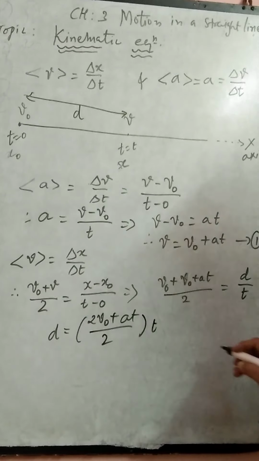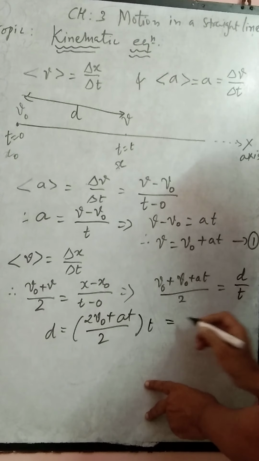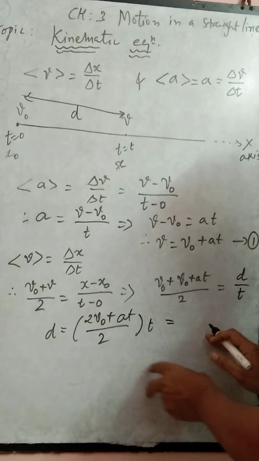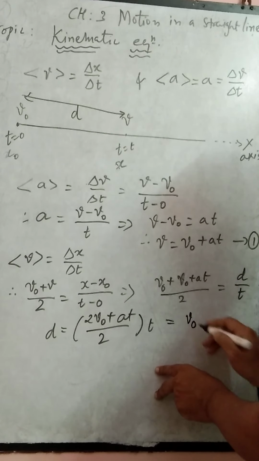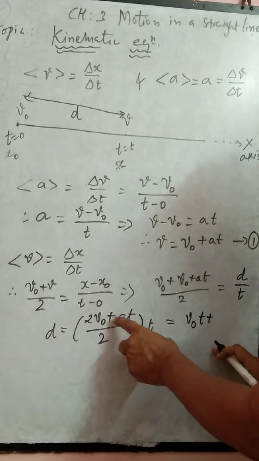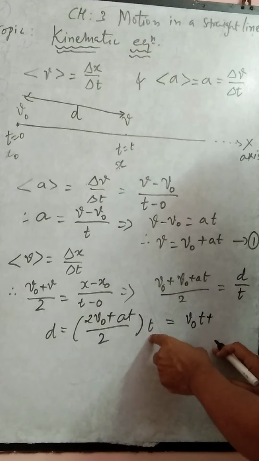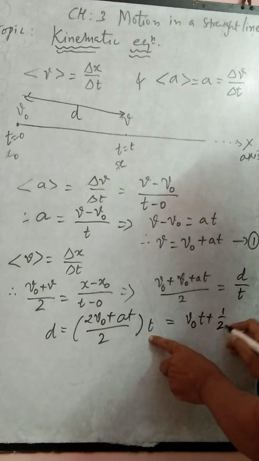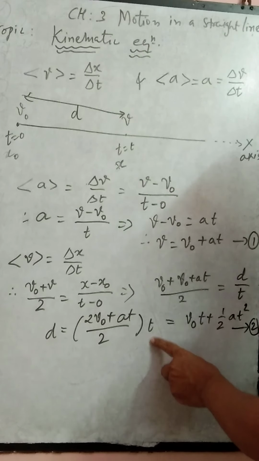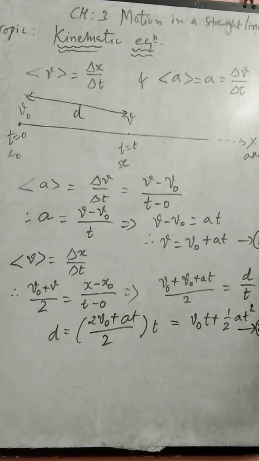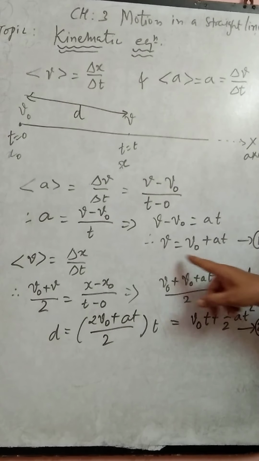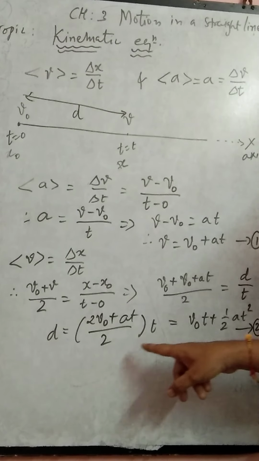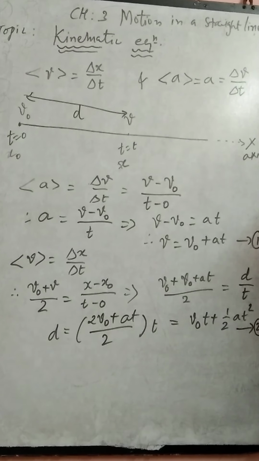Separating the terms, 2 v0 by 2 gives v0 into t, that is v0 t, plus the second term at by 2 into t, which gives half at square. This is equation number 2. So we have two equations: first, v equal to v naught plus at; second, d equal to v naught t plus half at square.